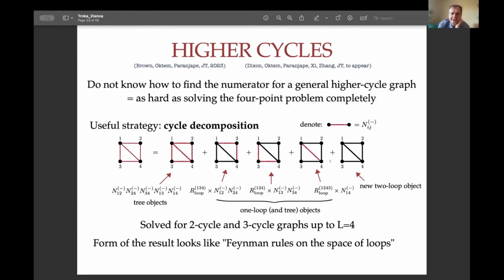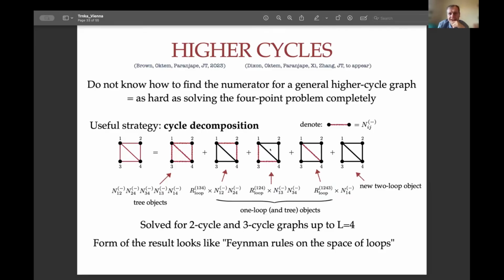So anyway, this is just some method that we use to evaluate the forms, but in a sense this looks a little bit like Feynman rules on the space of loops, which of course doesn't make any sense. The loops cannot represent the fields and so on, but there is some sort of rules how to build the more complicated forms from building blocks of simpler forms.